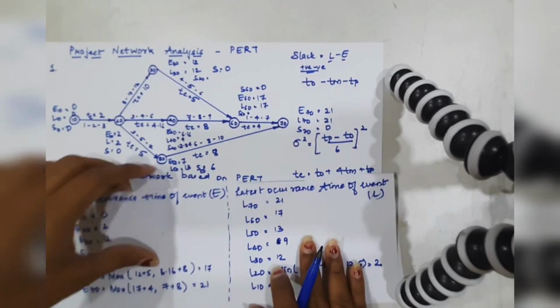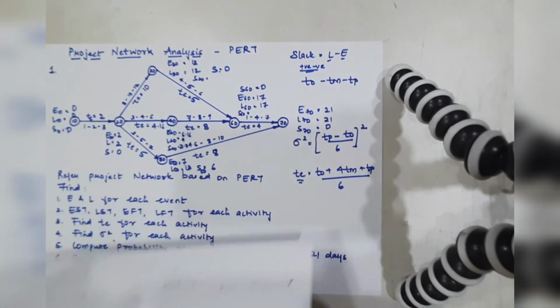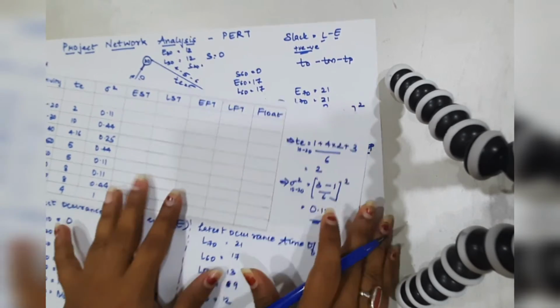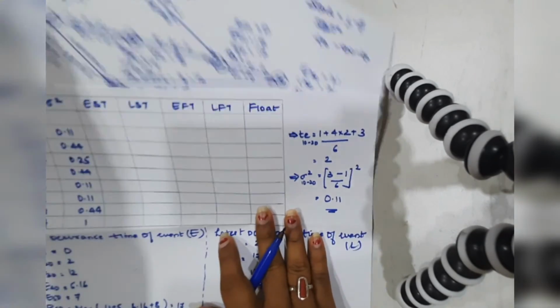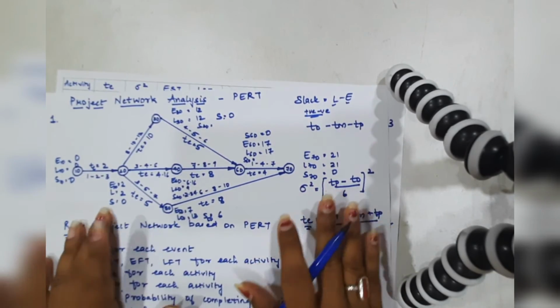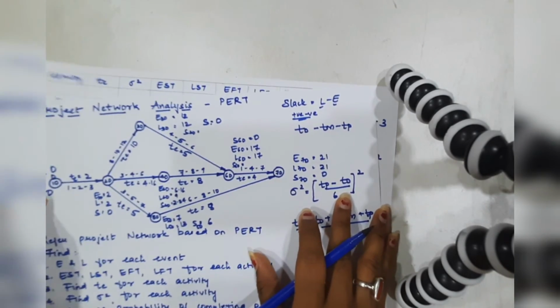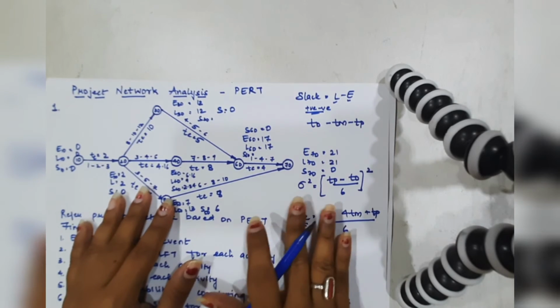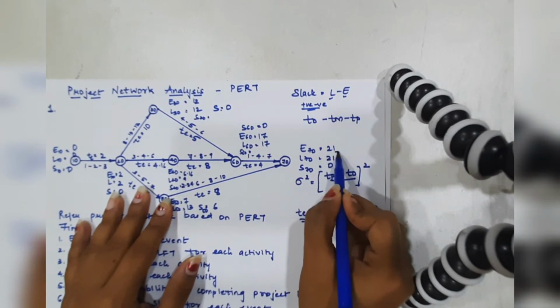So now the next we are up to is finding out what is the critical path of this activity. In the previous video, in the CPM numerical video, we found out that the critical path is the path which gives the maximum duration, which is mentioned here as 21.